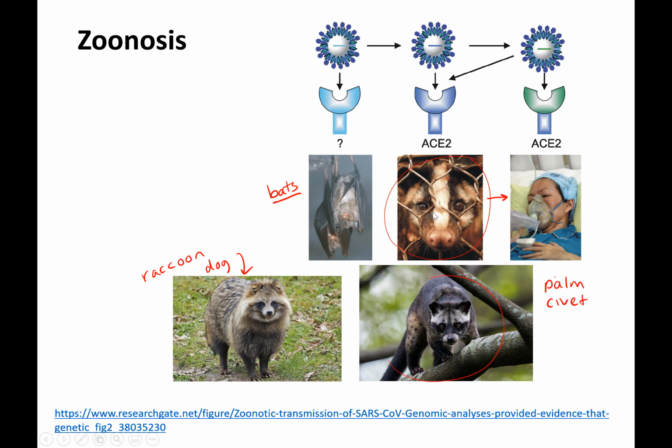So they believe the SARS coronavirus came from live palm civets in this fresh meat market, and that probably in the butchering for meat of these palm civets, a person was infected. So that's zoonosis, right? Going from animals to humans.